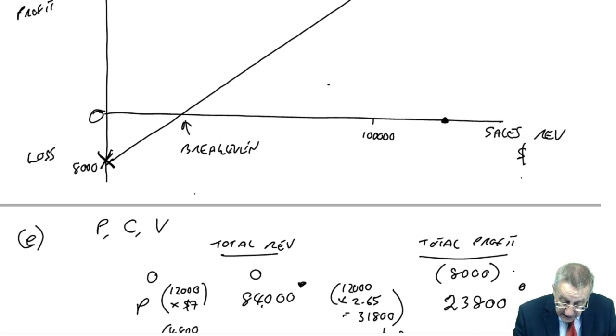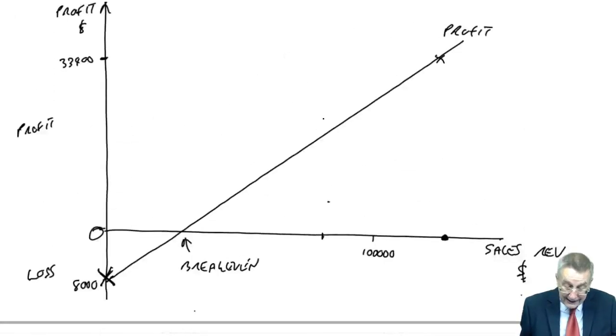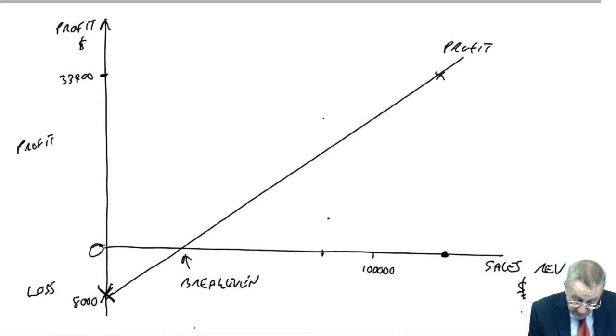Well, 84,000 is going to be somewhere around there, let's say. And 23,800 is going to be somewhere around there. So it's going to be something like that. I can't possibly draw a perfect one, but I hope you're clear. That would be how much in total revenue and profit we make if we sold P in full.